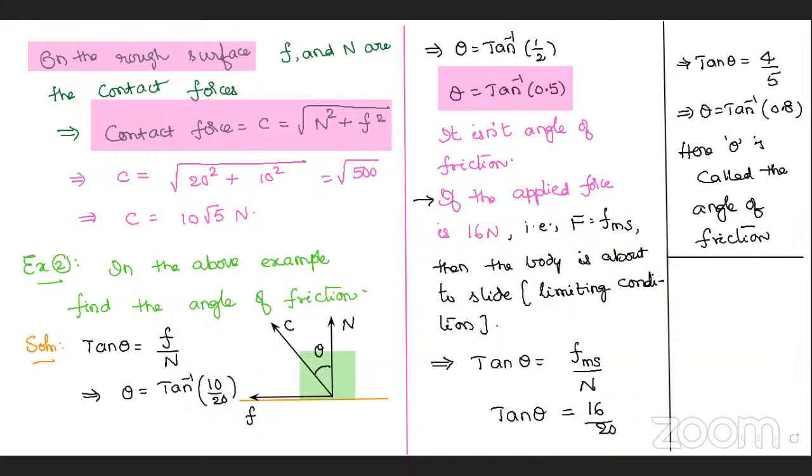You can ask, sir, actually, why should I calculate this angle of friction? Unnecessary data here. No, Nana. In one case, the theta is giving the direction of the resultant contact force, like in the parallelogram law of vectors.